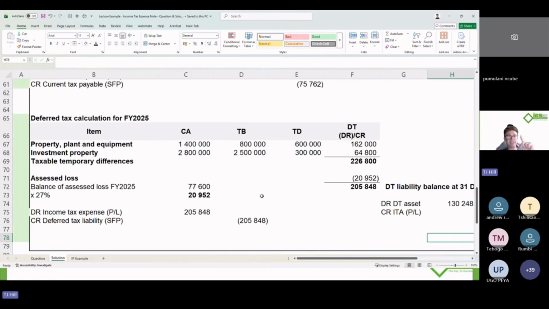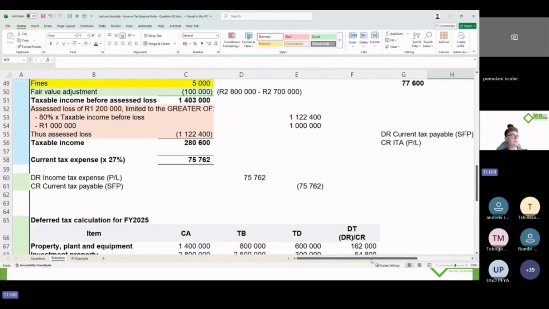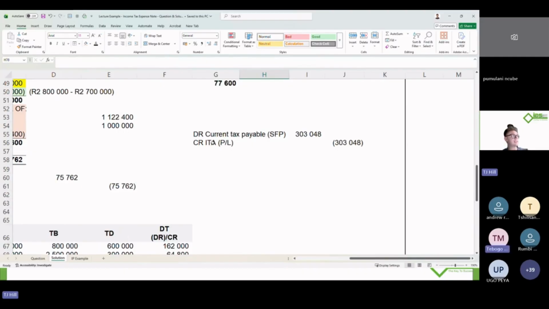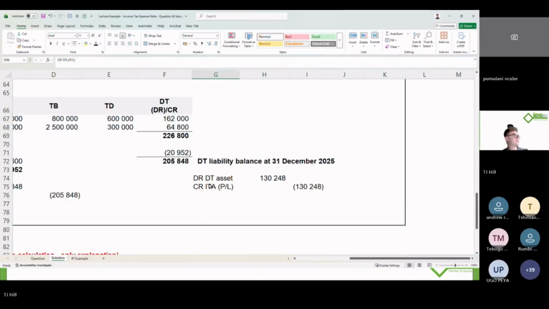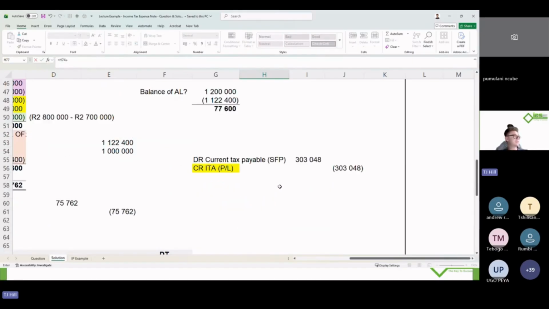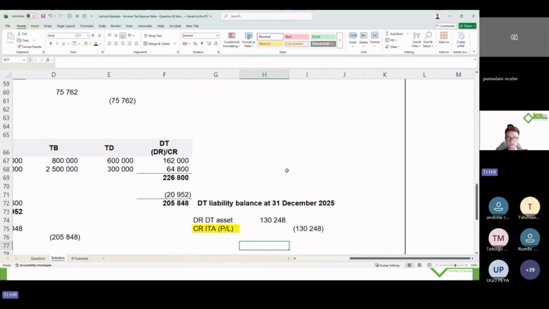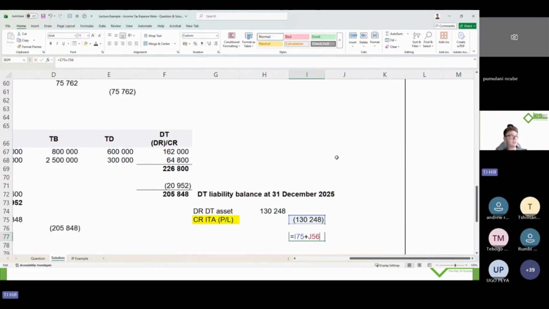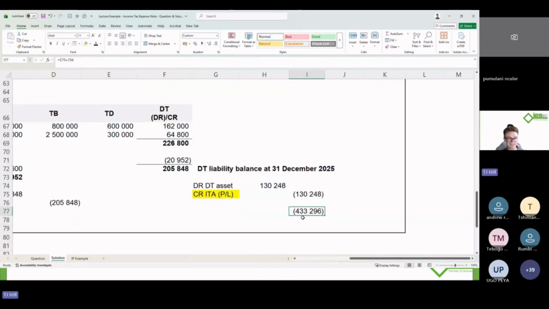Okay. But what has happened, and this is what I want you to focus on, is this assessed loss is now hitting this line item here twice, once on the current tax and once on the deferred tax side. And actually, if you look at what I'm adding here together, let's do it on the P&L side. That doesn't look right, does it?